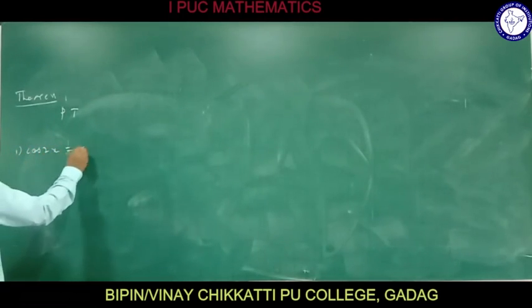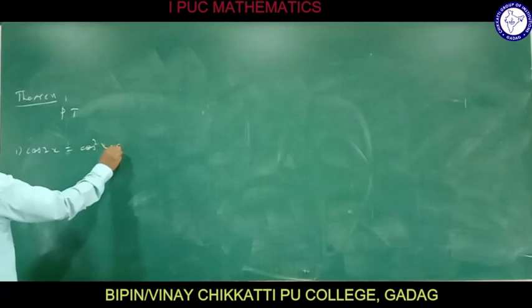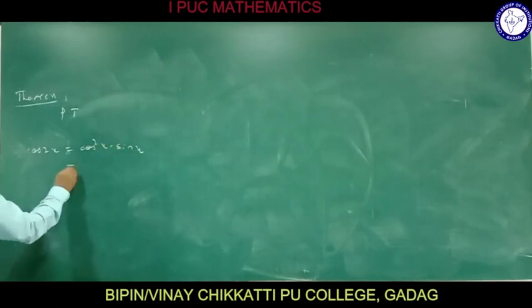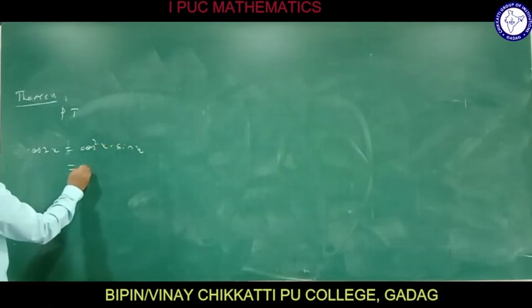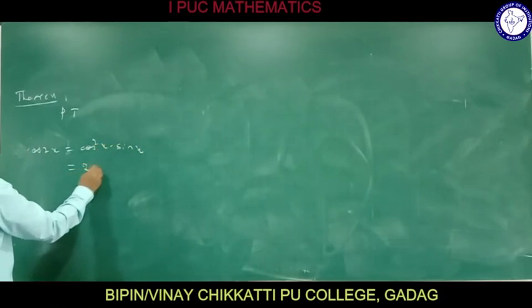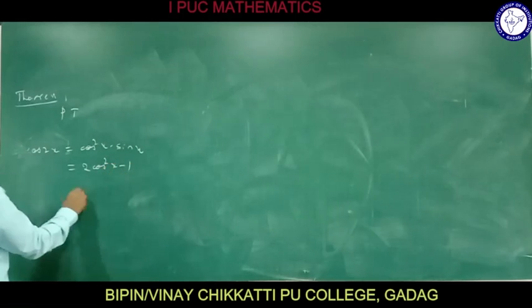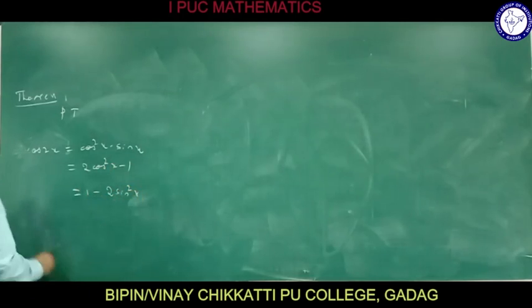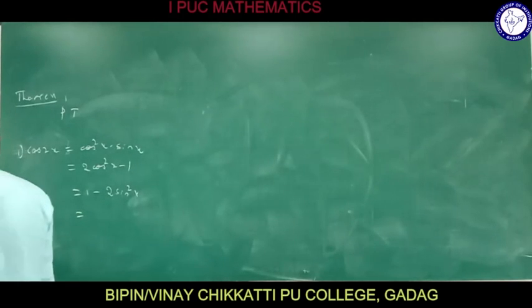Cos 2x is cos square x minus sine square x, and cos 2x is also 2 cos square x minus 1, and 1 minus 2 sine square x. So this is first, and even you can write it in terms of tan: cos 2x is (1 minus tan square x) divided by (1 plus tan square x).